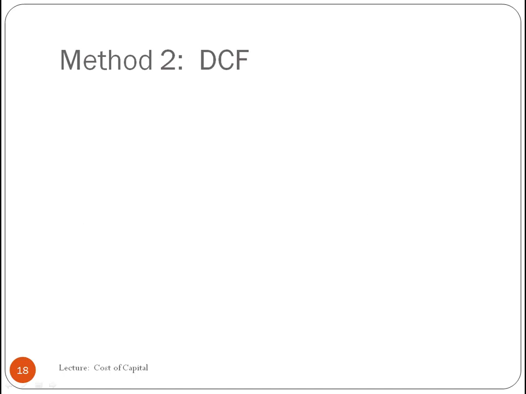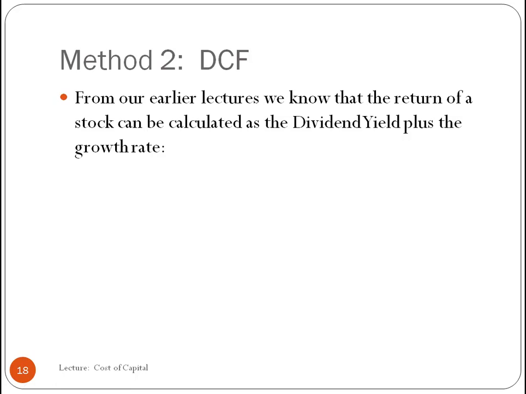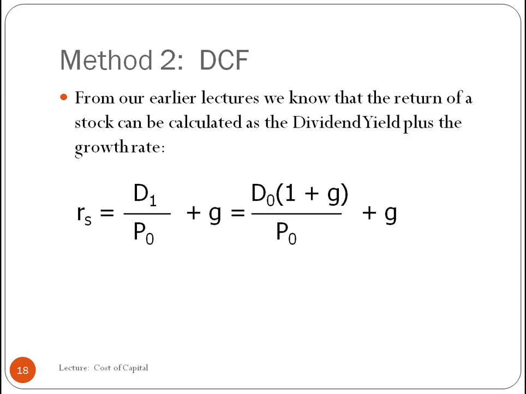All right, so let's turn to the DCF, the discounted cash flow model. From our earlier lectures, we know that the return of a stock can be calculated as the dividend yield plus the growth rate. How do we get that? Well, this is from a rearrangement of the dividend discount model, which we saw when we talked about how to value stocks.